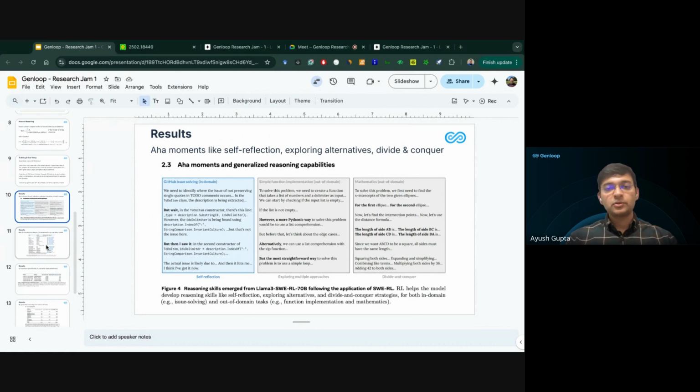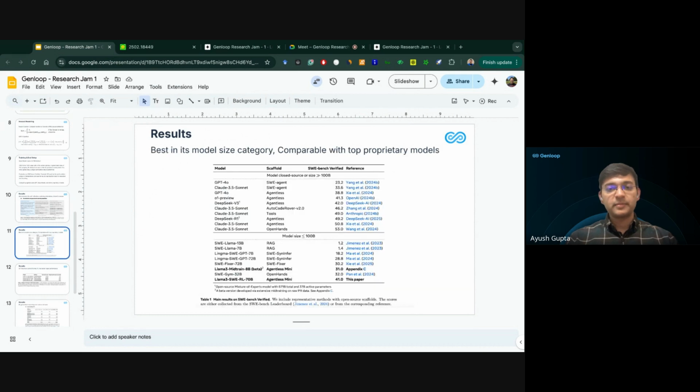Cool. So those self-reflections and aha moments were there. When they compared against the SWE-bench Verified, by the evaluation setup we were discussing 2 slides back, they found that their RL-based model, from this paper, was able to solve 41% of the use cases, much better than GPT-4o, Claude 3.5 Sonnet, and different scaffolds.